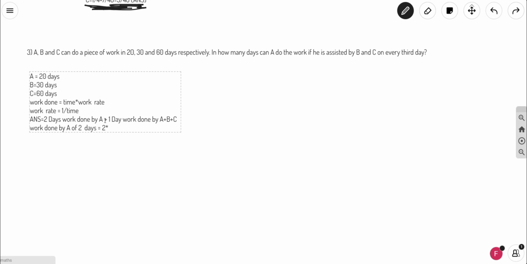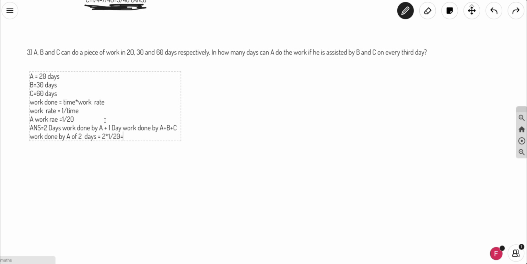Work rate of A is equal to 1 upon 20. The work rate formula is 1 upon time. So the work rate of A is equal to 1 upon 20.